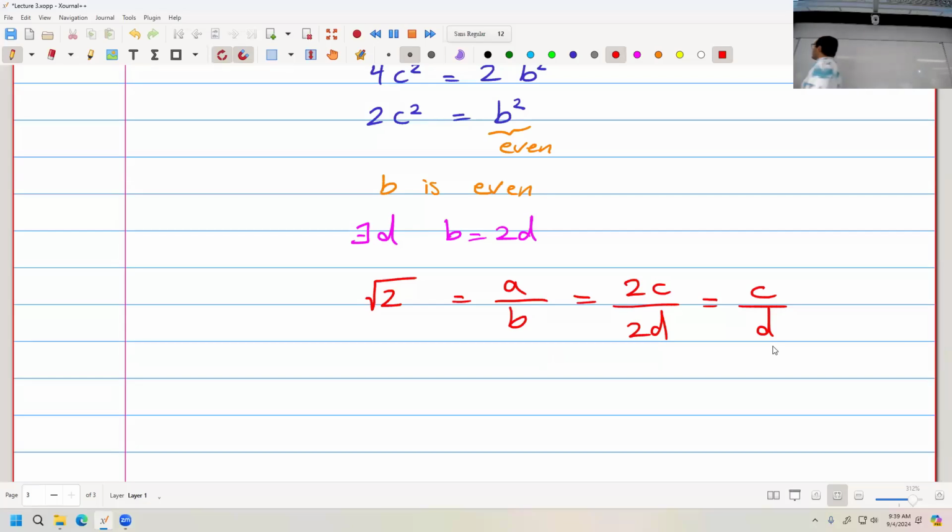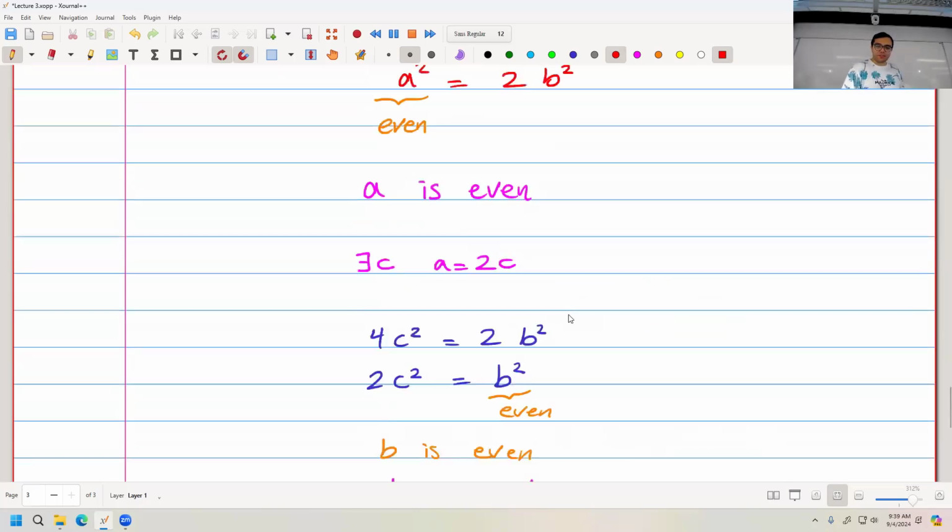But importantly, the numerator is decreasing. c is only half of a, right? And I can continue the same thing. I can do whatever I did here with c over d and get another fraction with an even smaller numerator. And I can keep doing this.